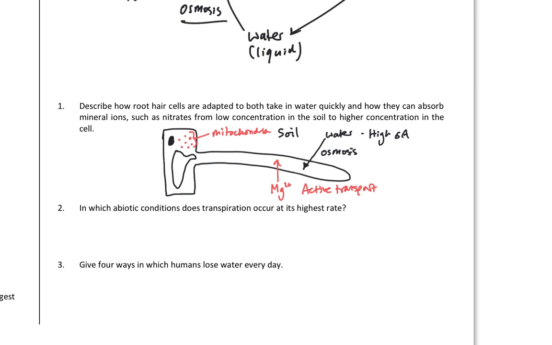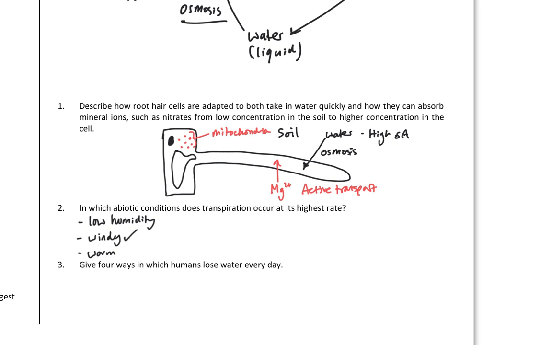Number two, in which abiotic conditions does transpiration occur at its highest rate? Well, if I want a leaf to lose water quickly, I need low humidity in the air. I want it to be windy so that humid air doesn't build up, and I want it to be warm so I get most evaporation.